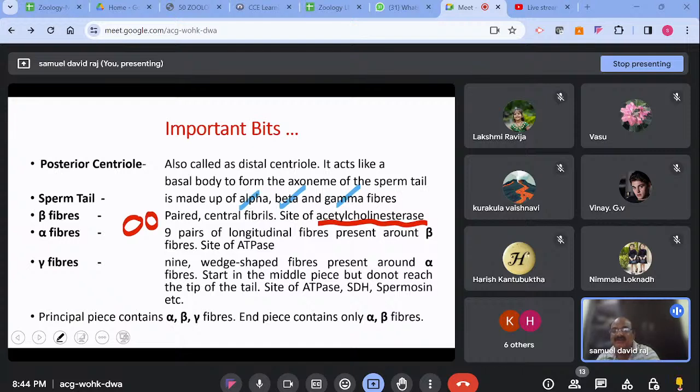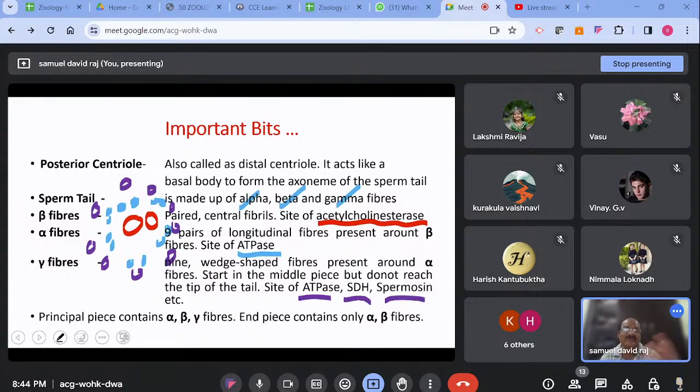This is surrounded by 9 pairs of fibers called alpha fibers, and they are the site of ATPase. Thirdly, there are 9 single fibers, not pairs, which are wedge shaped and present around the alpha fibers. This is the site of ATPase, succinic dehydrogenase activity, and also a sperm lysin called spermosin.